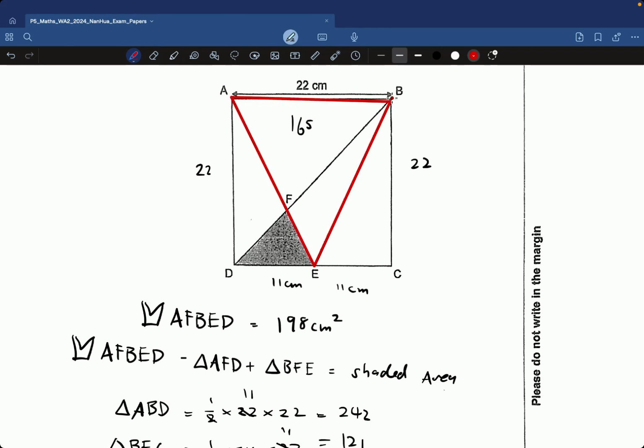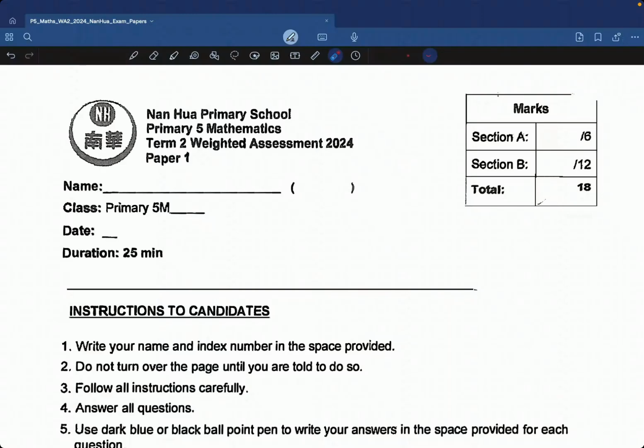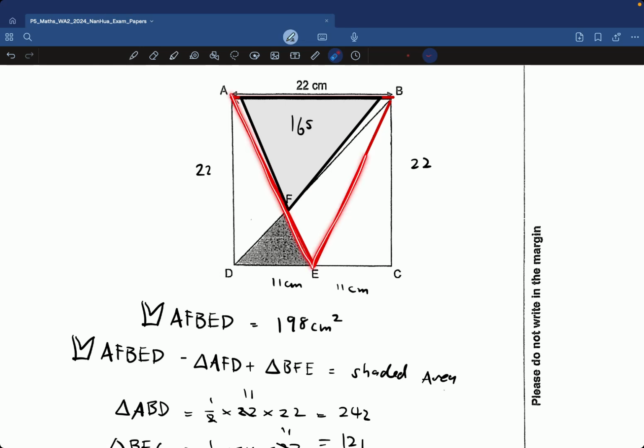So we know this triangle, and then we also know this little triangle as well, which is 165 over here. So if we can get this big triangle minus this AFB over here, we can get this triangle as well. So what we can do is we can get ABE.